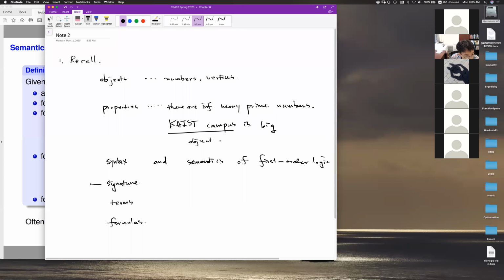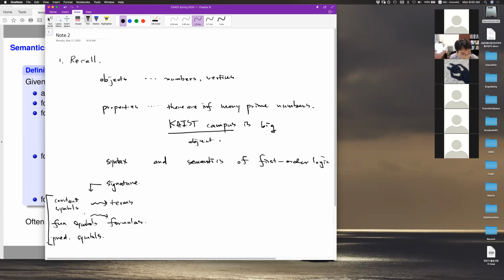And we said the signature consists of constant symbols, function symbols, and predicate symbols. All these things together determine what kind of terms and what kind of formulas we can write in first order logic.